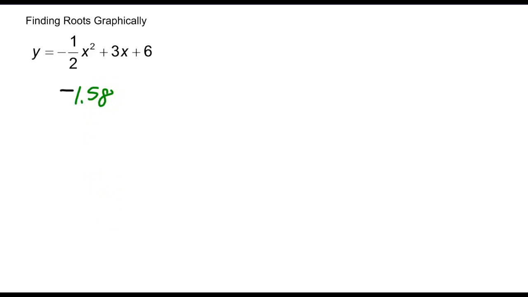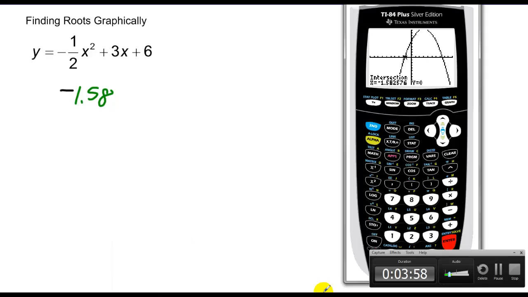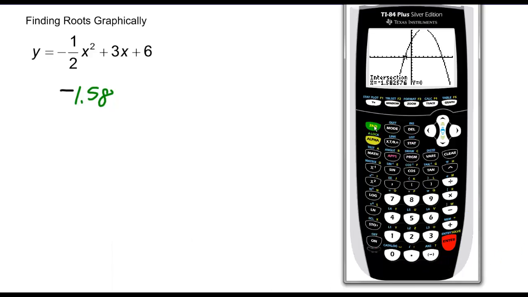And then I'll get the calculator back up again, and I'll go second calculate again. Hit intersect one more time. This time I'm going to get the blinker over towards this other intersection. I've got to get it closer to that side than the other side, or it's going to find the other intersection once again.